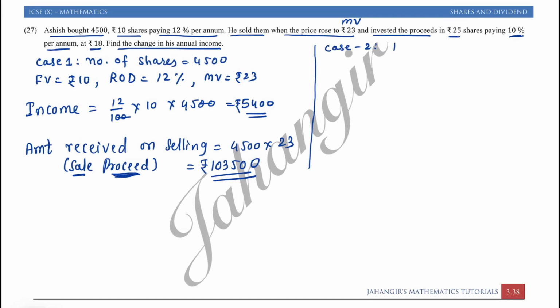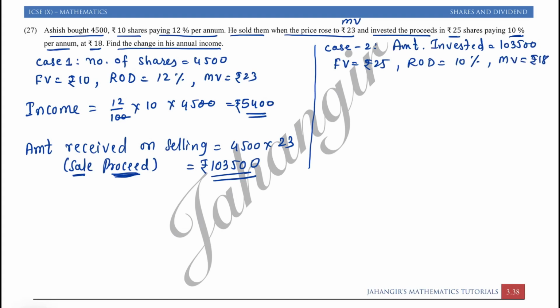So now this amount becomes the amount invested for case 2. For case 2, I can write amount invested is equal to 1,03,500, whose face value is rupees 25. Rate of dividend is 10%, and you are getting it at rupees 18. MV is 18.